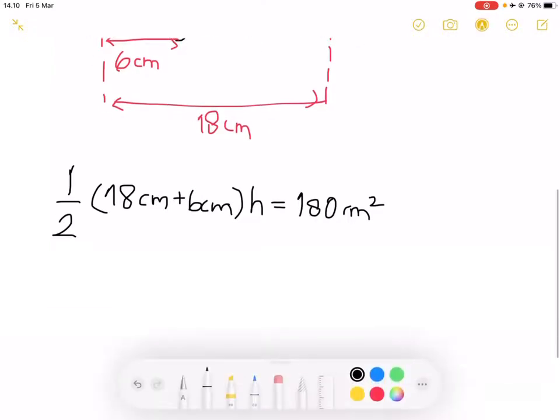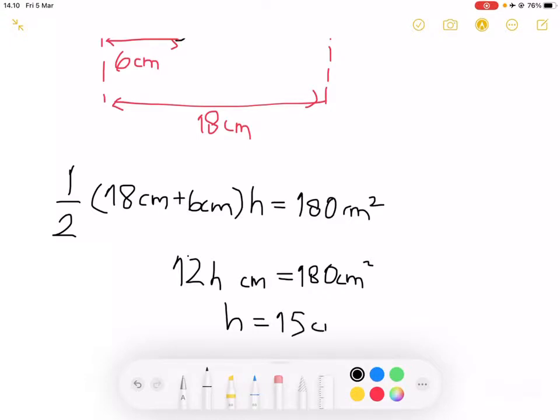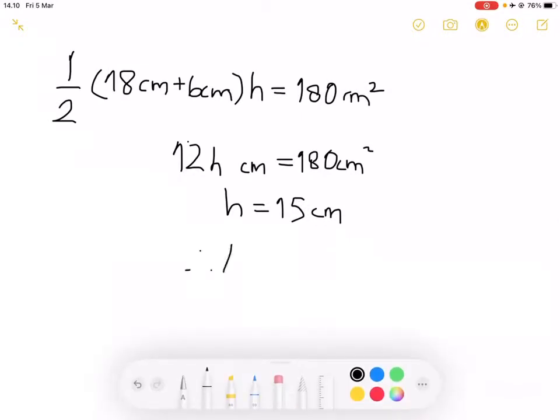So you get 12h centimeters equal to 180 centimeters squared. Therefore h is equal to 15 centimeters. So in fact the length of AF is 15 centimeters.